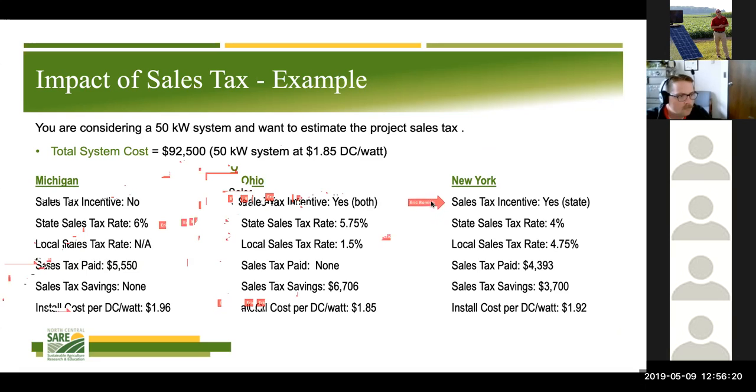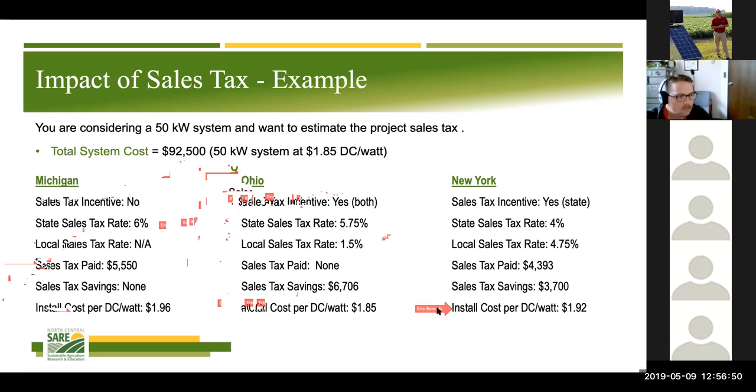Now in New York, it's a bit of a mixed bag. They have a statewide incentive for sales tax exemption, but it's at the state level. So if you look at, and I can't remember exactly which county I pulled in New York, but their 4% state sales tax was exempt, so they were going to have a sales tax savings there of $3,700. However, they still were going to pay their local sales tax, so this $4,300 in local sales tax was still going to be paid.